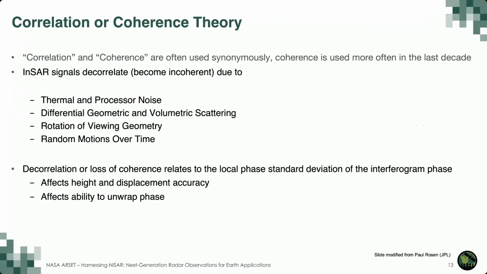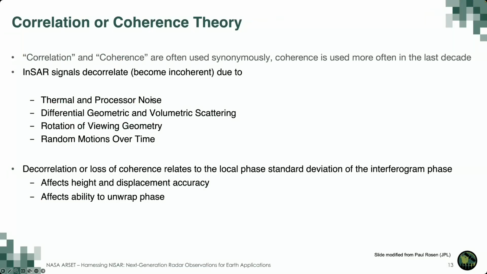In the past, many people have used the word correlation because this coherence is measured by the correlation of phase between adjacent pixels. If you look at papers from a decade ago or more, you almost always see the word correlation. But in the last 10 years, people have started using the word coherence for this measurement. It's really the same thing, but all the recent papers and the InSAR products from NISAR use the word coherence. So the key things that cause this noise are thermal and processor noise.